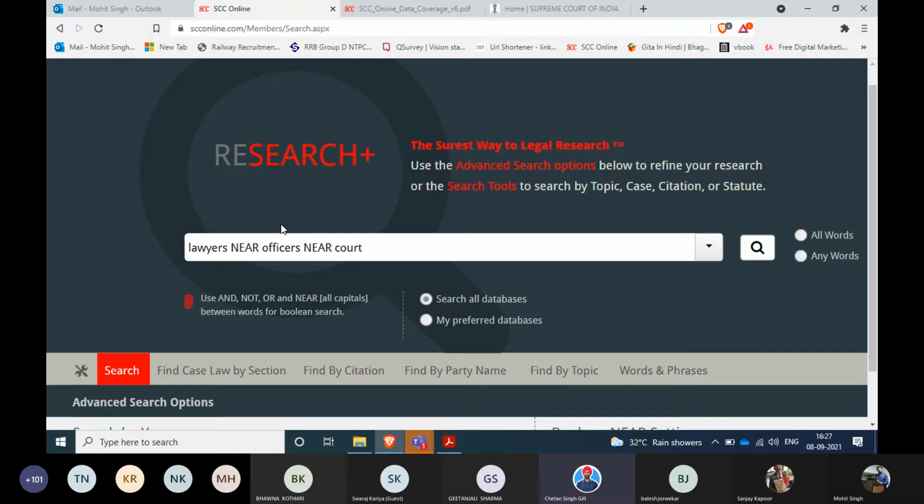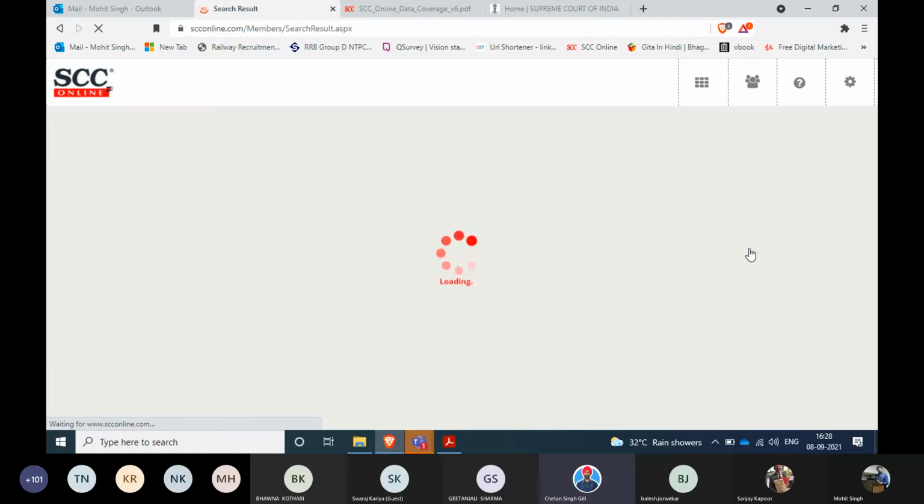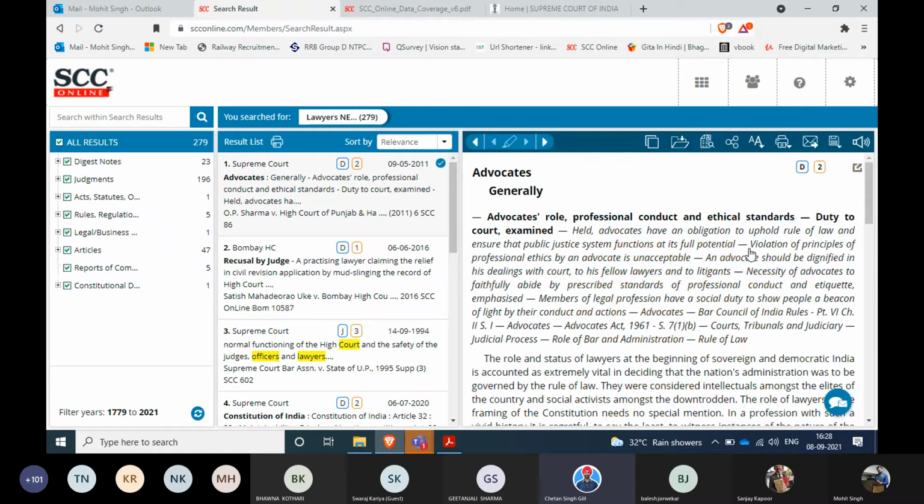Always understand you're not looking for one judgment, you're looking for judgments written by tens of thousands of judges over the past 7 decades. Your vocabulary is limited to yourself, to your learning. Some person might have a different way of searching, different way of detailing things. How Mr. Kapoor talks is different than how I talk.